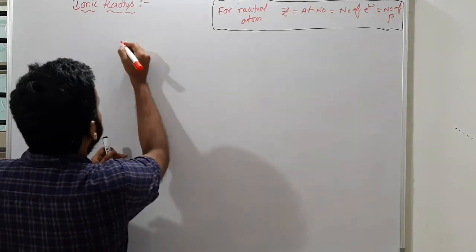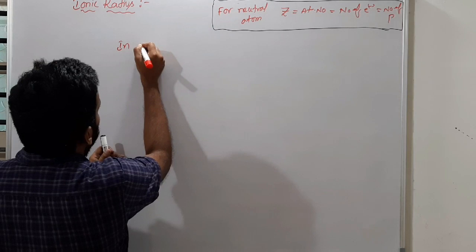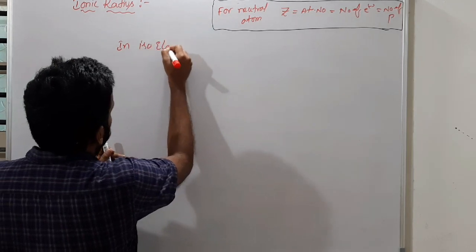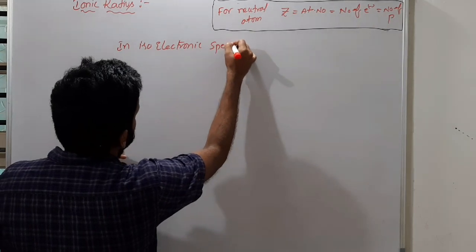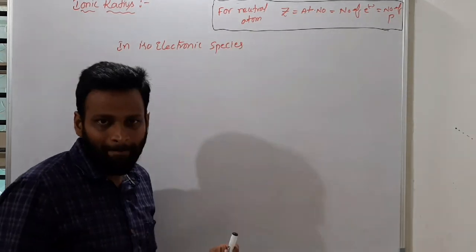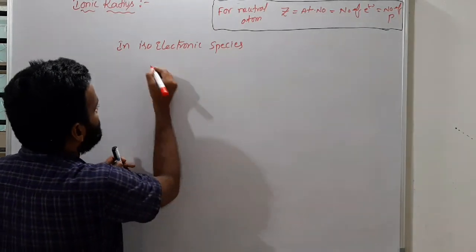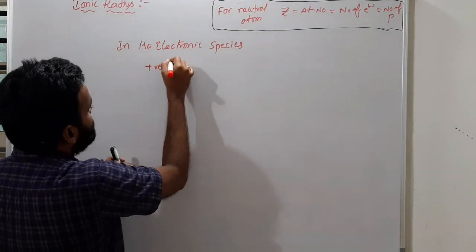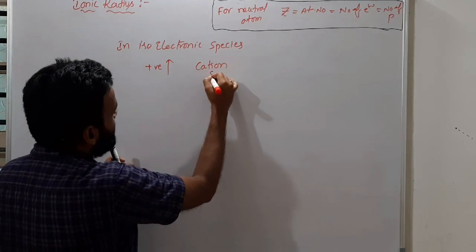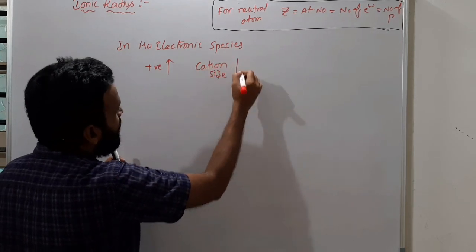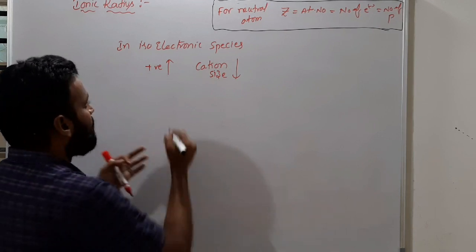Okay. So here, in isoelectronic species, if positive charge increases, then cation size or cation radius will decrease.